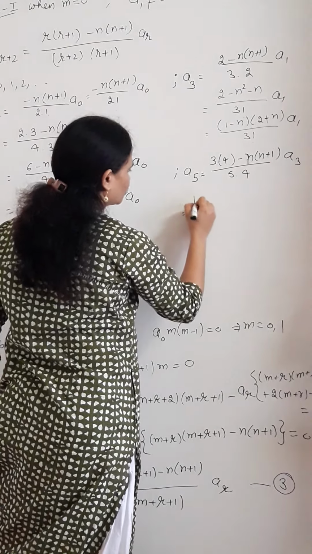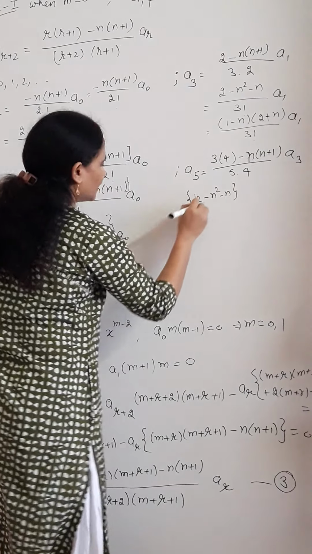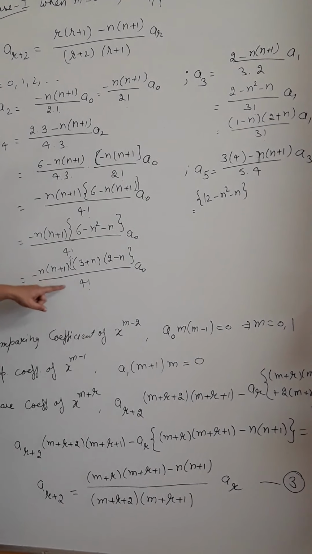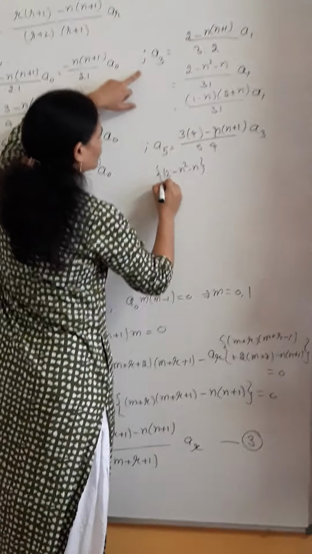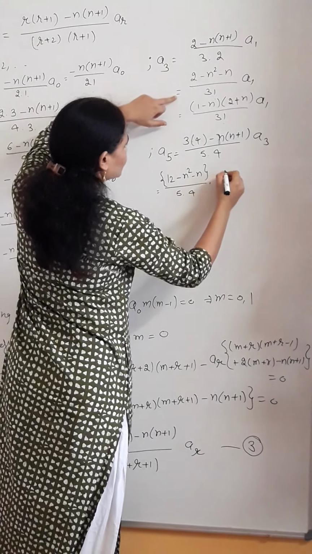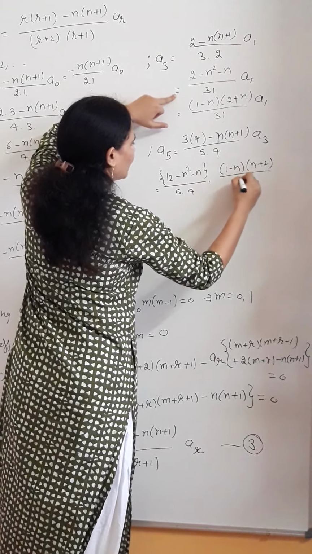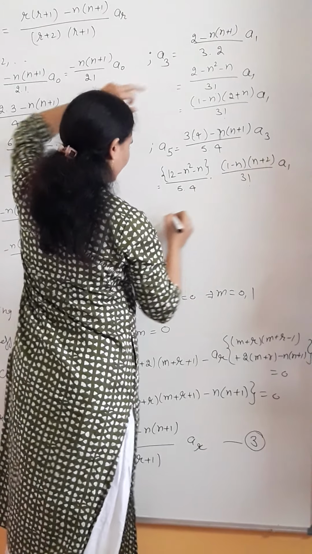So this is 12 minus n square minus n. So we will resolve that in factors again as we did, and let's substitute the value of a3. So this is 5.4 and a3 is 1 minus n plus 2 divided by factorial 3, a1.